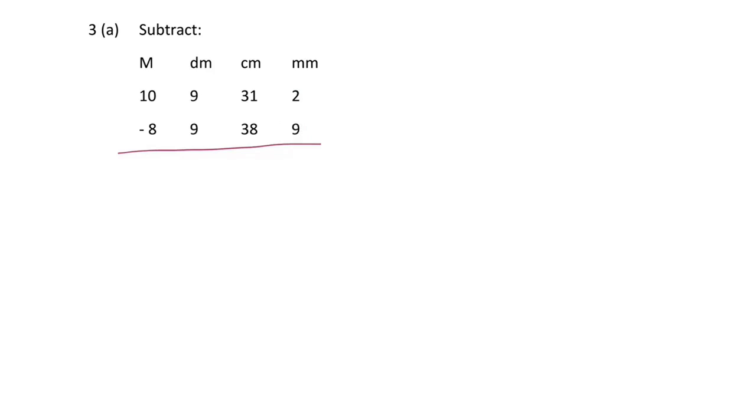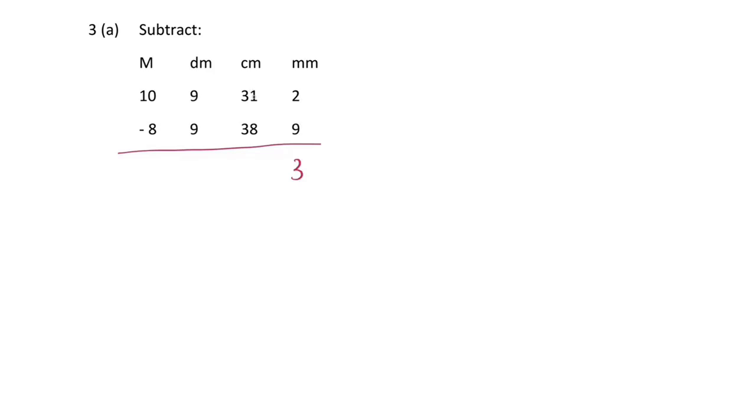So we are going to take 1 centimeter from 31 centimeters. And we know that 1 centimeter equals 10 millimeters. So adding it here, we are going to have 12 millimeters. So solving the values at this column, we are having 3 millimeters.